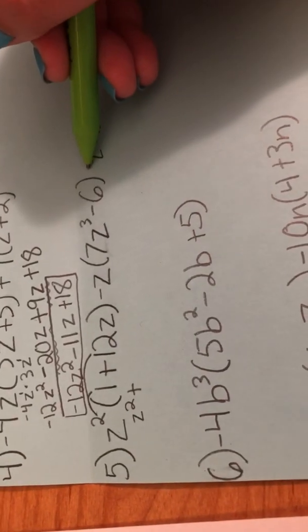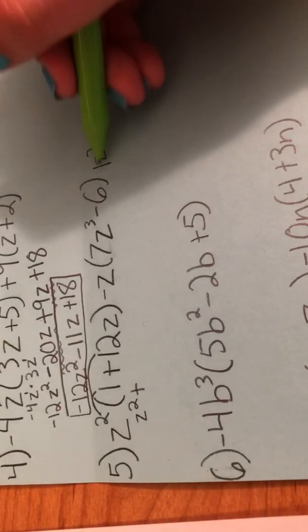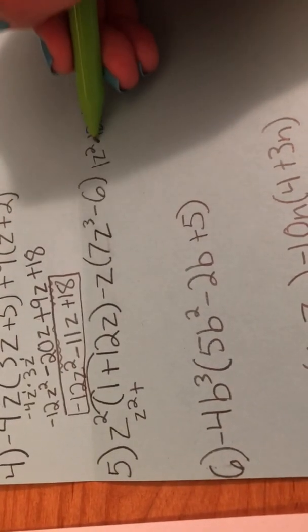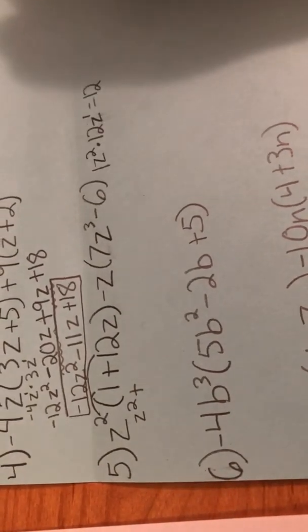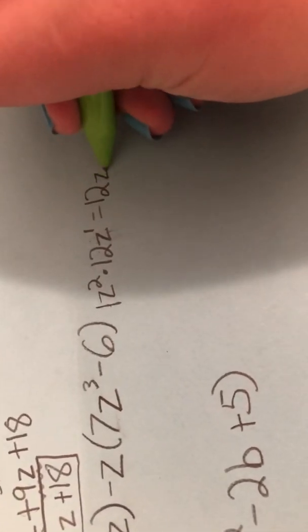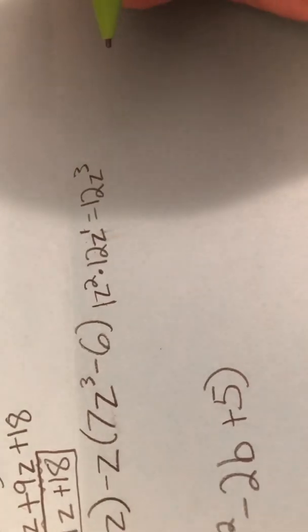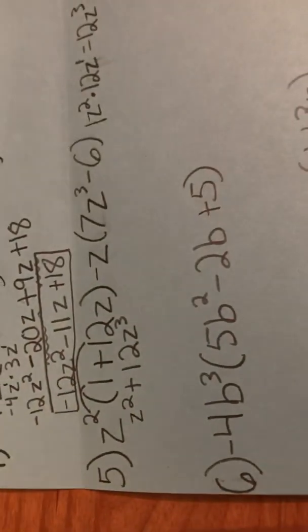So we have an understood 1 also in front of this z. So we're just multiplying the coefficient, so 1 times 12 gives us 12. Our z is our base, so our base stays the same. And we're adding our exponents, so we've got 2 plus 1, which is 3. So down here we've got 12z to the third.